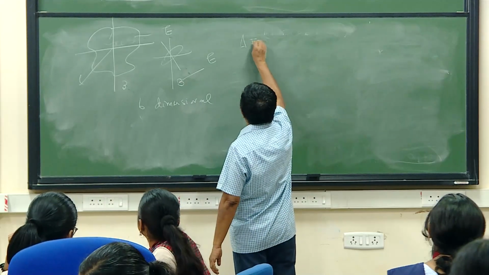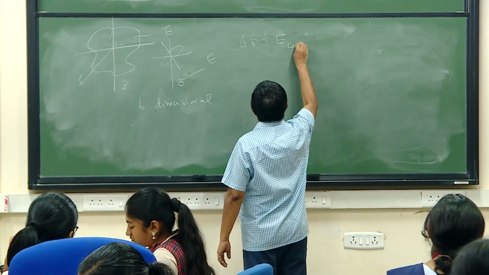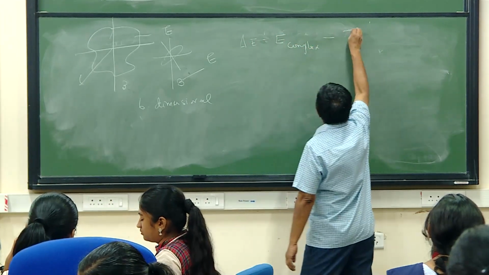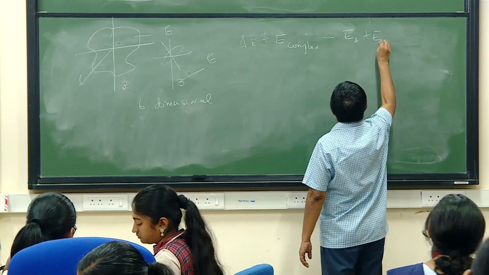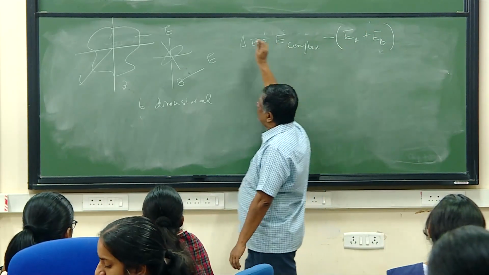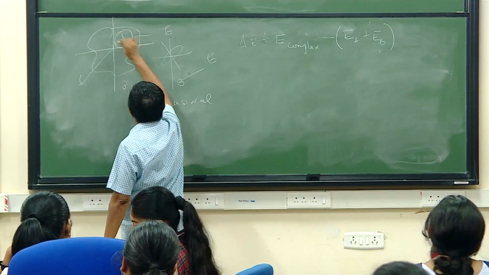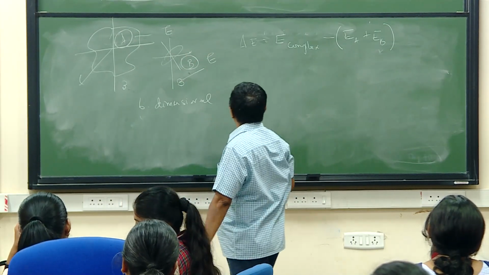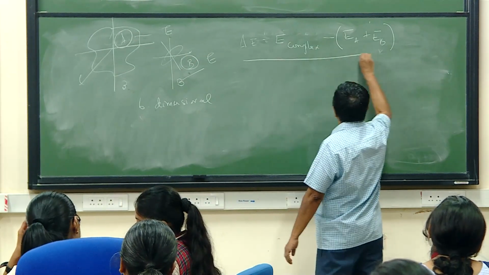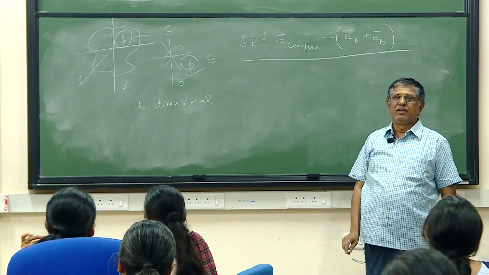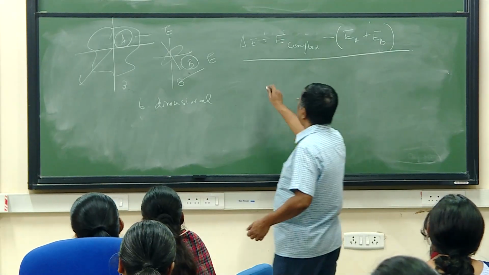What is the difference in the energy? That is the energy of the complex minus the energy of the individual units. I have 2 units, this A and B. I can calculate this energy. Therefore, this is the interaction energy.